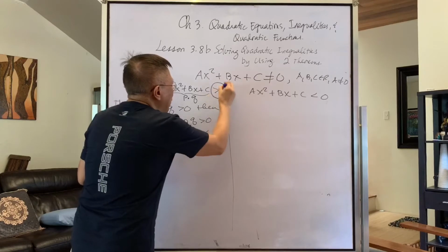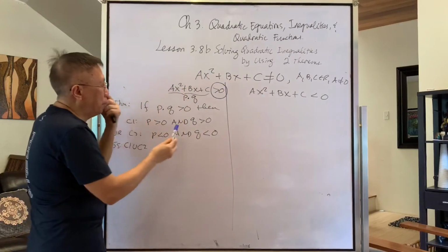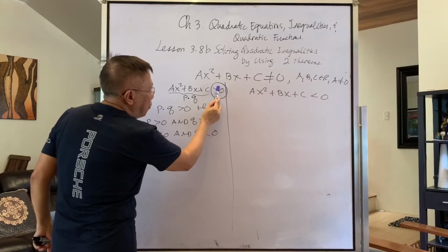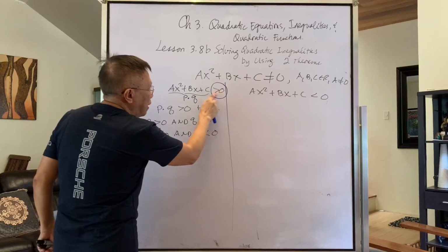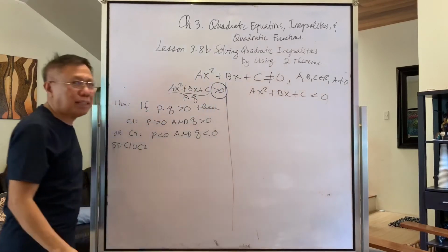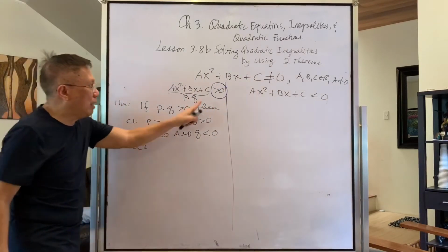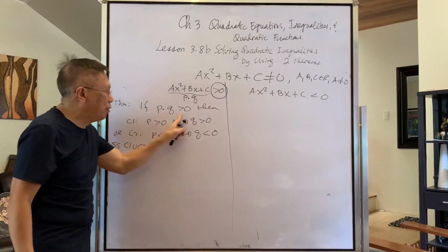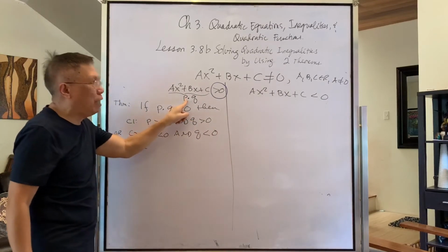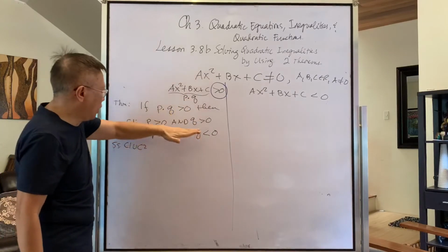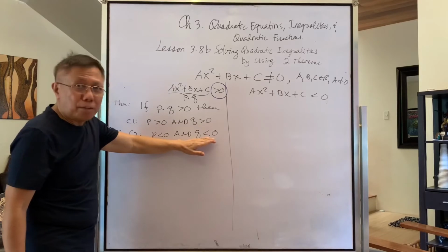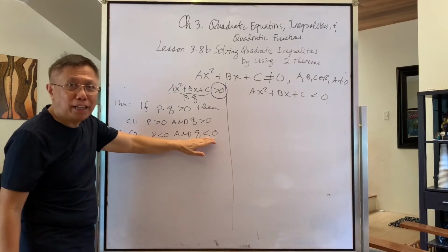Remember, when we are solving an inequality, we are bound to note what we are trying to solve. Are we solving a greater than inequality or a less than inequality? If your inequality is greater than, then this theorem will give you the possibilities of the behavior of P and Q. The first case is both are positive and the second case is both of them are negative.